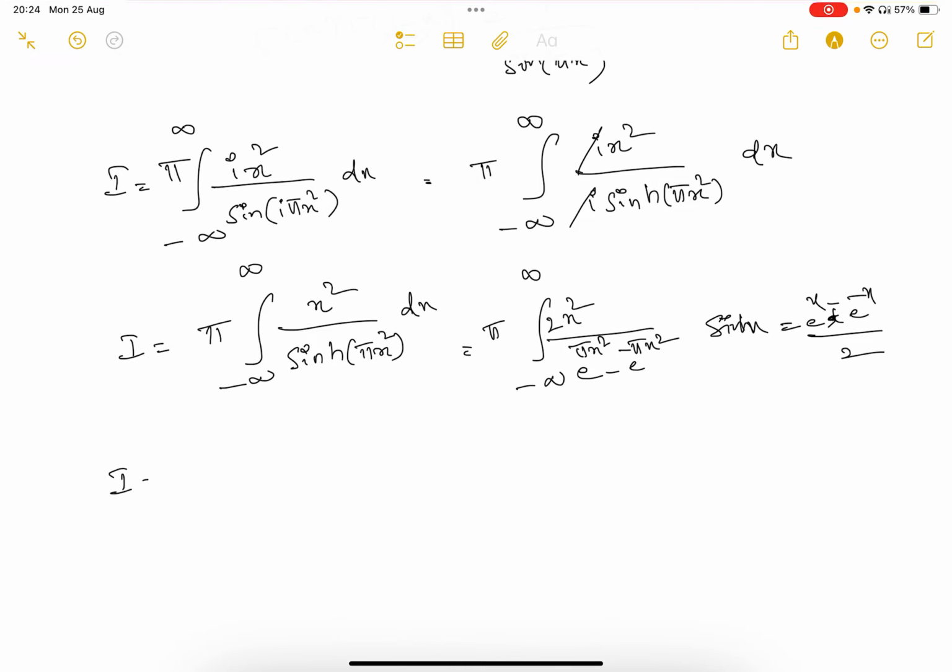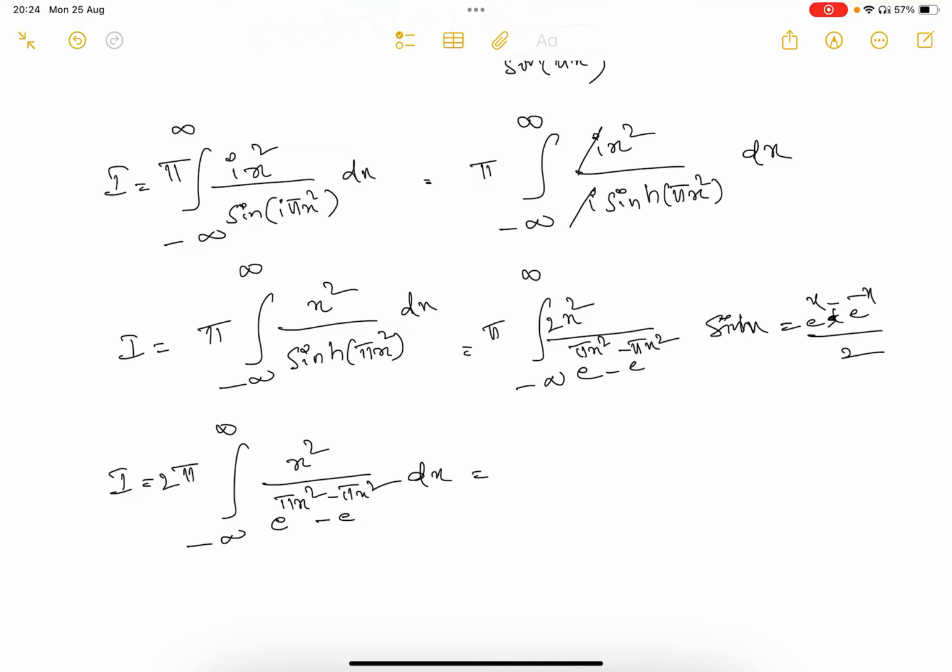So I is, write it down again, pi by 2, bring the 2 out of the integral, the integral from minus infinity to plus infinity of x squared by e power pi x squared minus e power minus pi x squared dx.